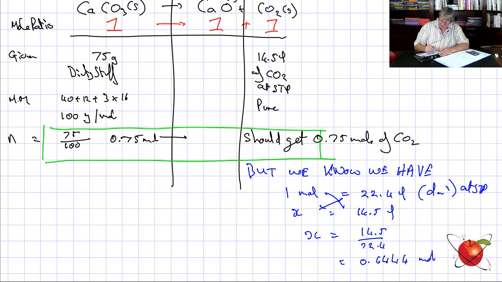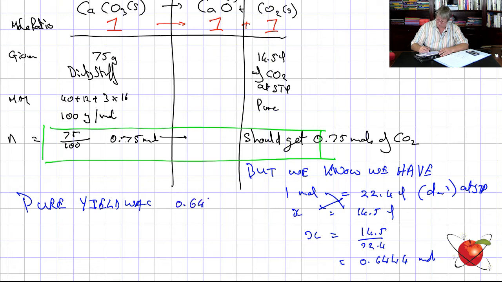Okay, so we can say the actual yield was 0.644 moles. The theoretical yield was equal to 0.75.